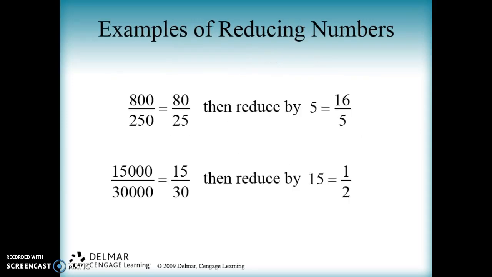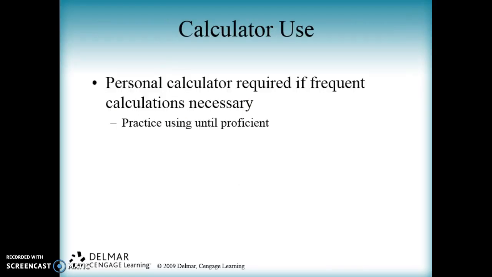So here are some examples where we cross off the zeros and then we reduce. But again, ultimately, you're really not going to do this. You're going to use the calculator. So make sure you know how to use that calculator, how you put that into your calculator, how you check your work, and those types of things.